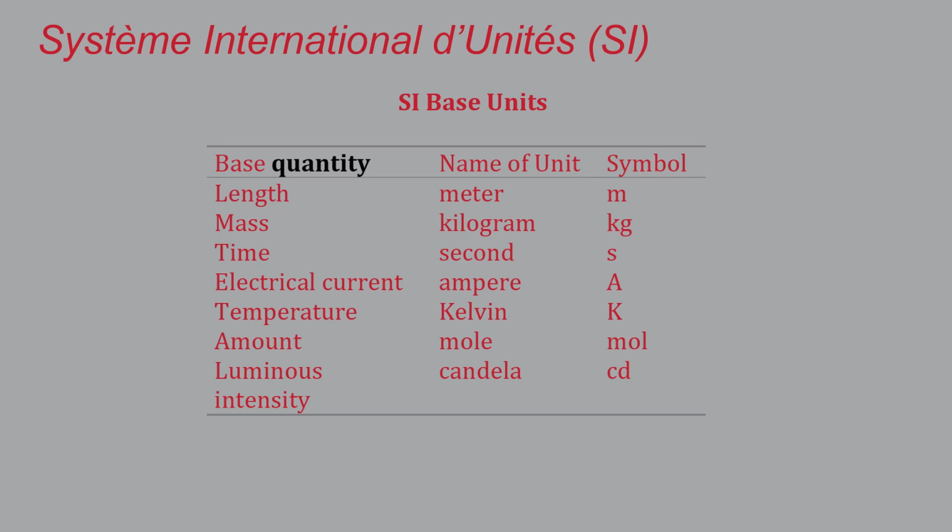Now, I said that this collection of 7 units can be used to describe anything in our universe. And that's because they can be combined. This is something that is called a derived unit.